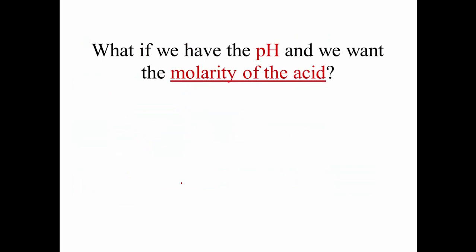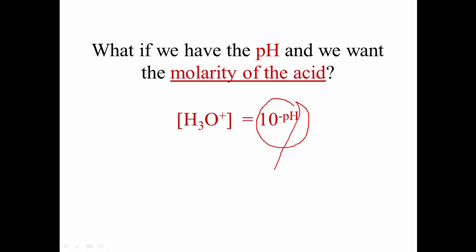So what if we have the pH and now we want the molarity? So remember, we took the negative log of the molarity to get the pH. Okay, so to get the concentration, we're going to raise 10 to the negative pH. So this is called the anti-log.